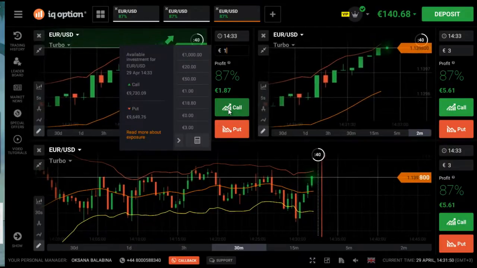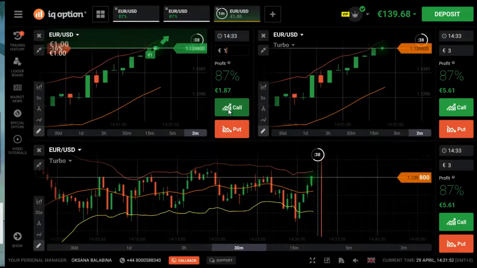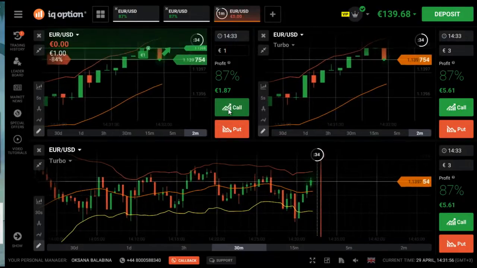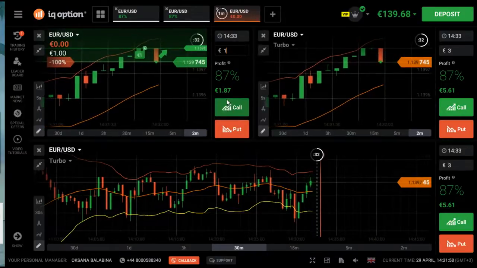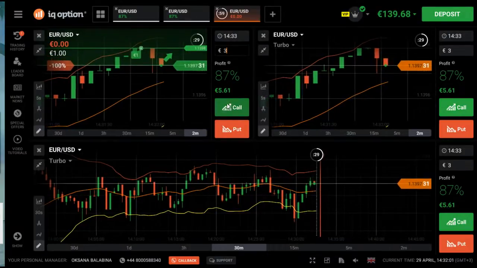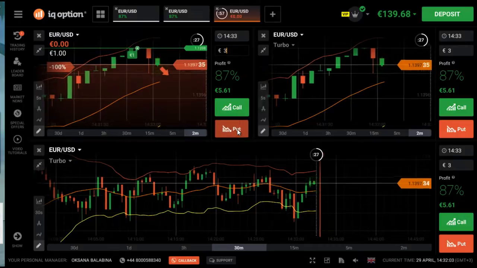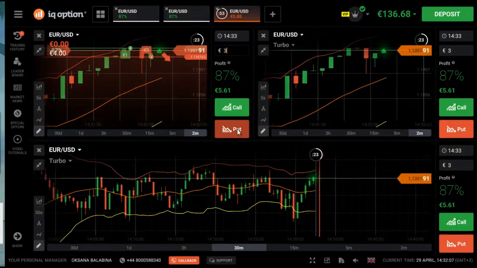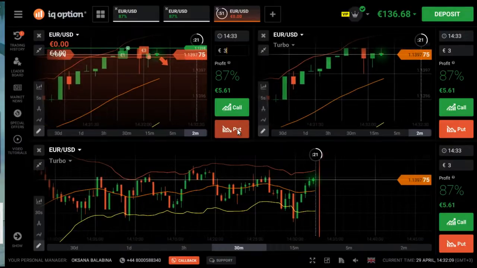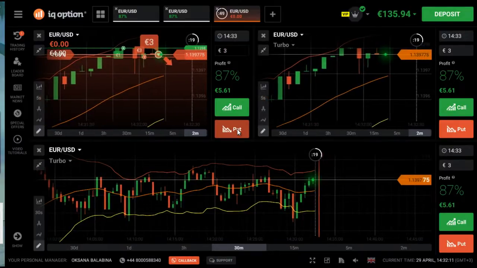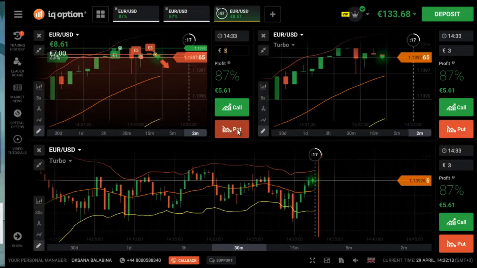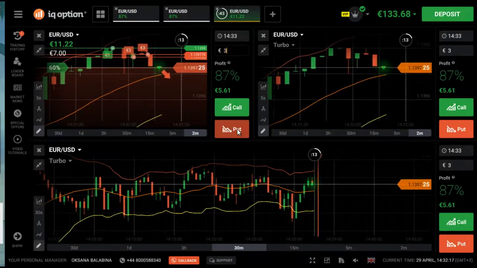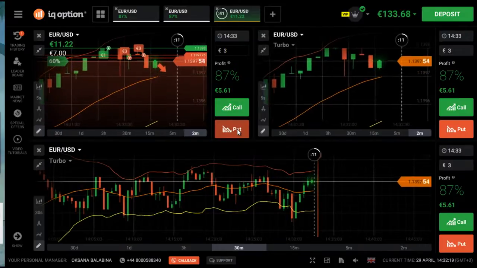I'm just checking with 1 euro how long it's going to keep going up. But now I confirmed it's reversed. So now go back to 3 euros. Go for the reversal now. Sometimes I do it like that.